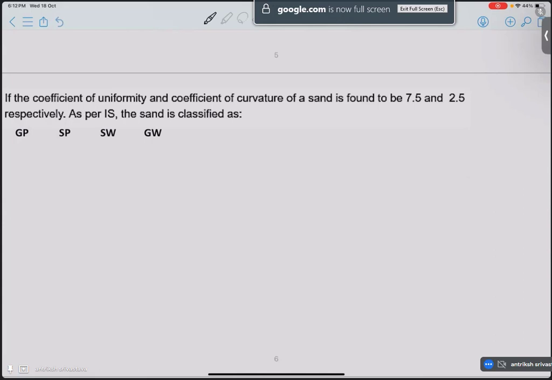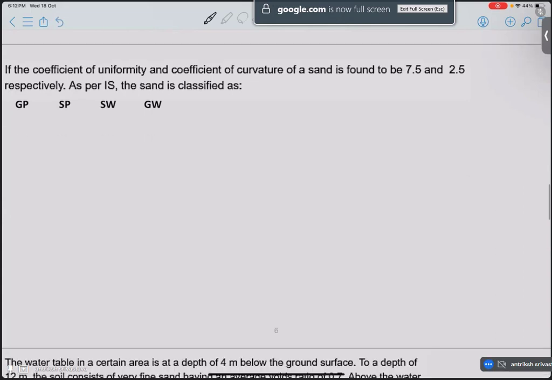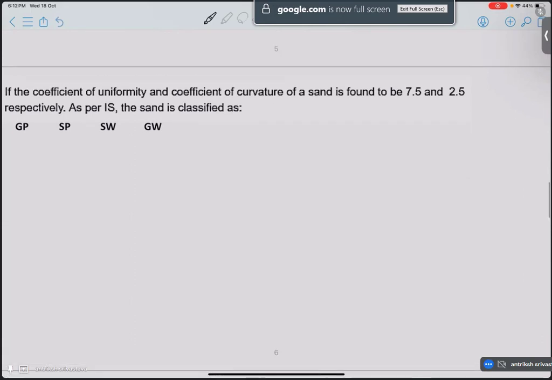Okay. So first question, this is related to the classification of sands or gravels. If the coefficient of uniformity and coefficient of curvature of sand is found to be 7.5 and 2.5 respectively, as per the IS classification, what is the classification for this sand?